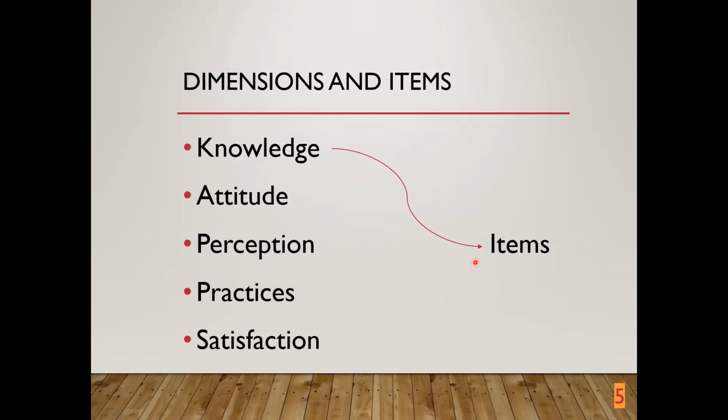So it is important to understand that in the use of a questionnaire, the dimension you have to measure must be effectively designed in such a way that the items you come up with will clearly measure that dimension. If you have to measure the perception of someone about maybe a biosecurity measure, the items must be sufficient.